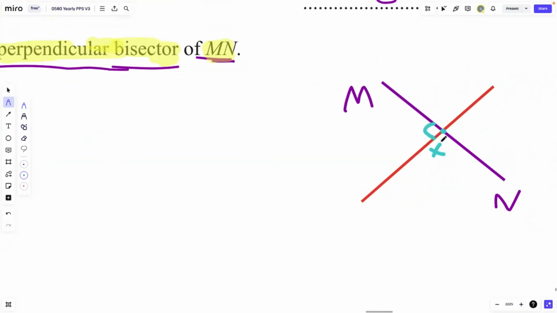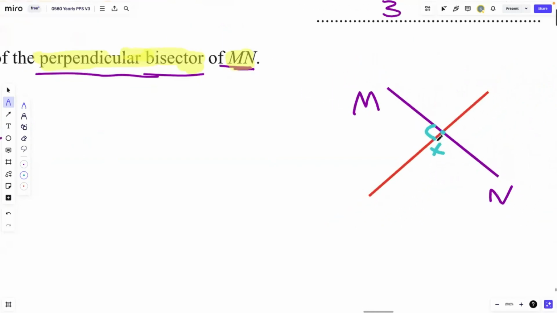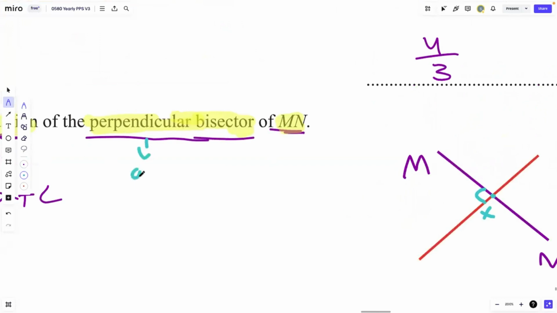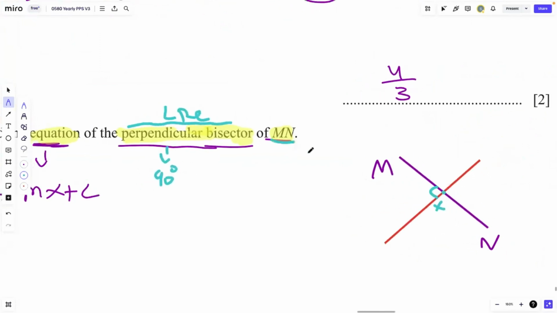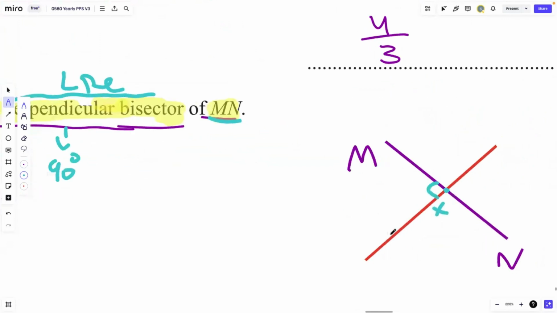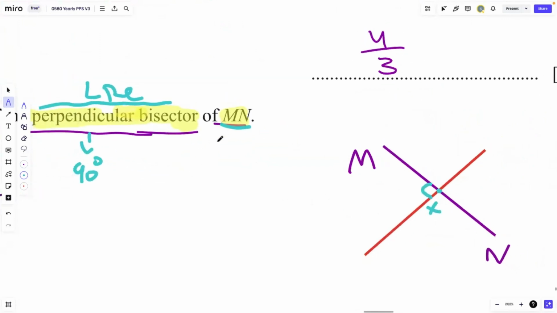And this is going to be 90 degrees. Why so? Because perpendicular means the perpendicular bisector is a line at 90 degrees to the other line, which is MN. So the red line is going to be 90 degrees, and bisect means by 2, so it's cutting it into 2 equal halves.